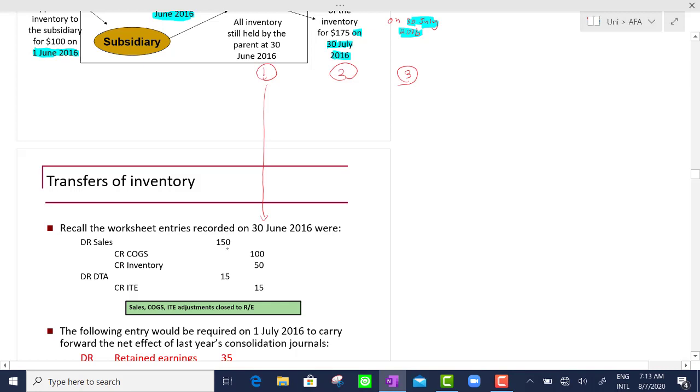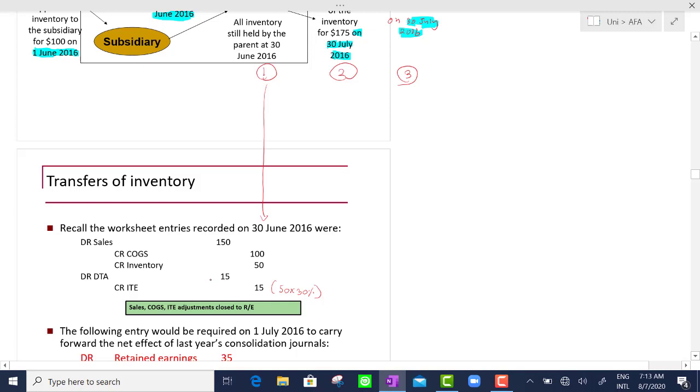We removed sales 150, sales account debit 150. Right? Cost of goods sold 100 remove කරා. ඒ තමයි subsidiary company එක විකුණද්දී හඳුනාගෙන තිබුණ cost of goods sold එක. ඊට පස්සේ inventory එක overstate වෙලා තිබුණ 50 වලින් ඒ නිසා inventory එක credit කළා 50. Right? එතකොට මේක group එක පැත්තෙන් ගත්තී sale එකක් නොවන නිසා income tax expense එක අයින් කළා. That is 50 unrealized profit into 30%. 15 income tax expense account credit, deferred tax asset account debit.